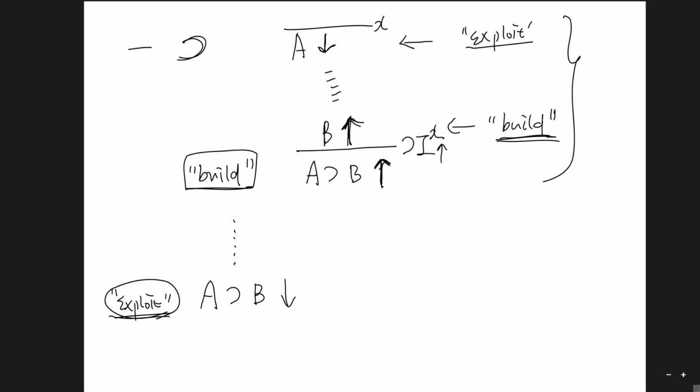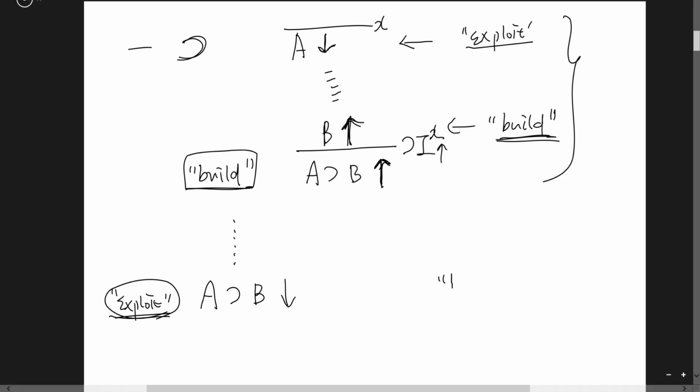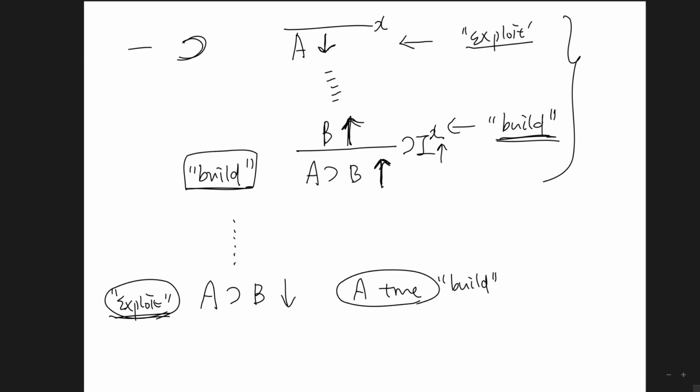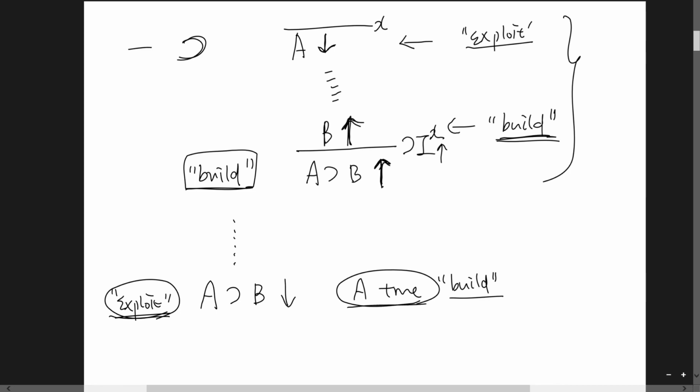It's our responsibility to build a proof of A true, because this is not given for free. So because we have to build, we have to use the up arrow. We are supposed to complete this derivation tree, and it's not given from the outside.